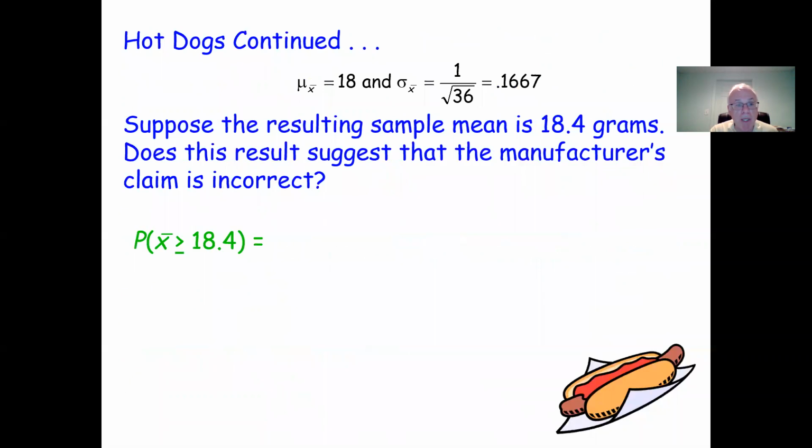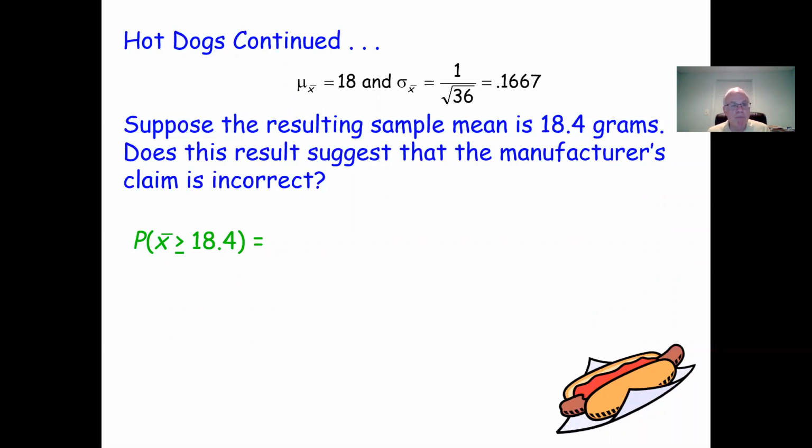What's the problem that we're being asked? Is the probability that X bar is greater than 18.4? Well, why did they come up with 18.4? Well, we want to see if we got any results greater than 18.4 in other sample means. So we want to see if their claim is correct.